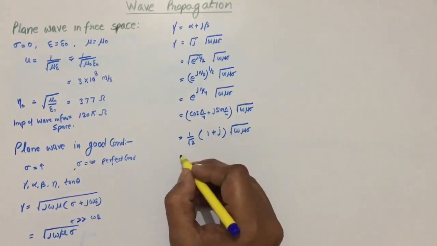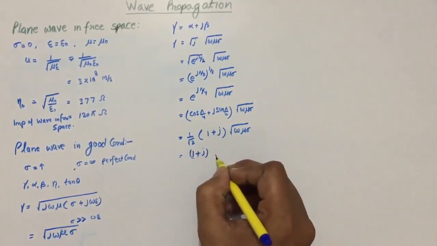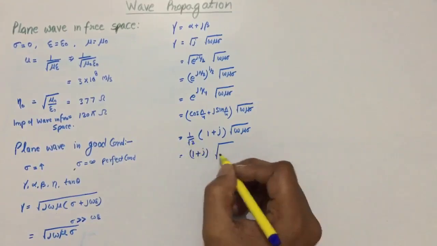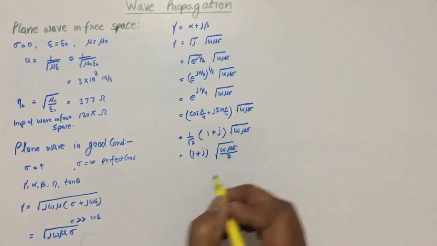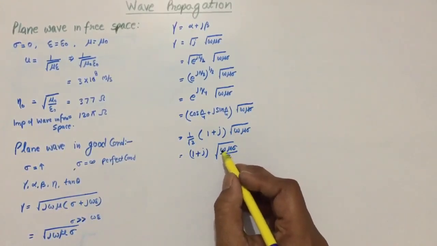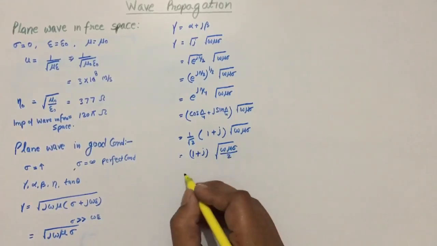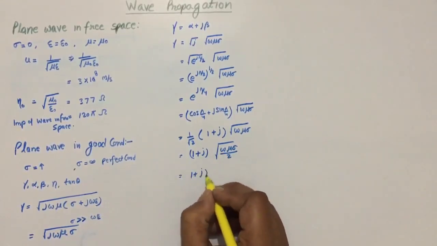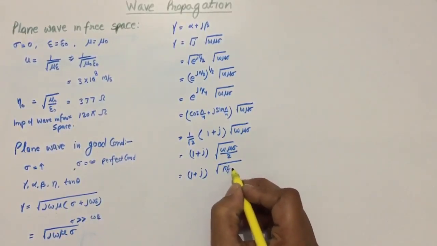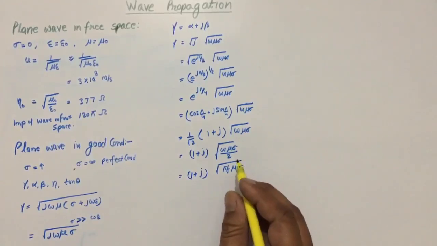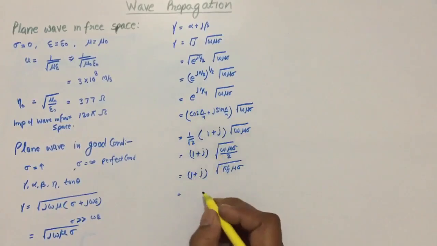Further, if we simplify, we can take this inside. That will be 1 plus j, and the square root is already there, so it will be root of omega mu sigma divided by 2, and further omega is 2 pi f, so that 2 and this 2 will be cancelled out. The remaining term will be (1 plus j) times root of pi f mu sigma. Now try to find alpha and beta.